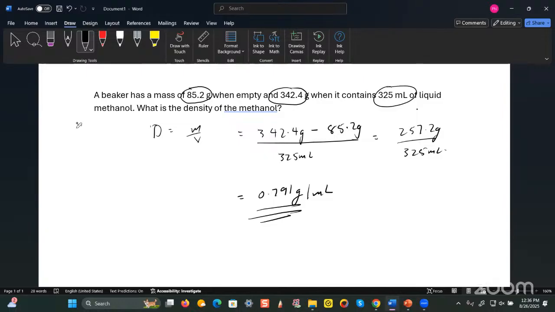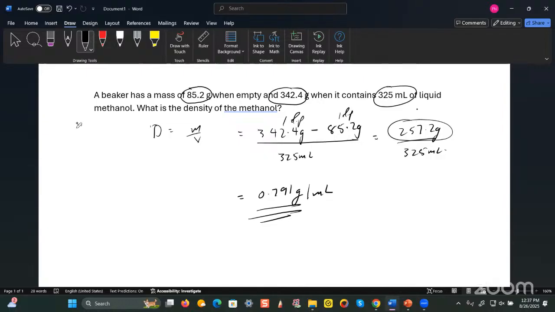Do you round off to 4 sig figs, since 342.4 has 4 digits? I'm sorry, you're talking about here? Yes. Well, when you're subtracting or adding, you have to round off your answer to the lowest number of decimal places. This has 1 decimal place and this has 1 decimal place, so that means this has to be expressed to 1 decimal.